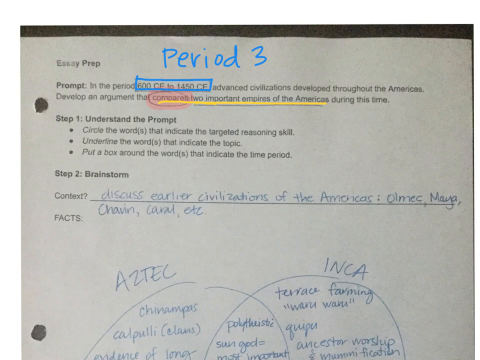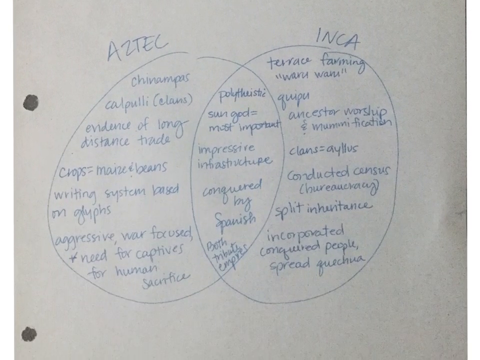Now let's look at our actual comparison. Hopefully everyone drew a Venn diagram for this, because if you looked at the posters on our wall, that's the graphic organizer we want to use when we are comparing. Let's pause for a minute so that you can write some of this information down, just in case you didn't have as much information in your Venn diagram as I have in mine.